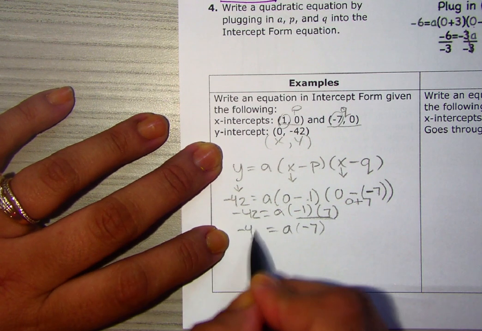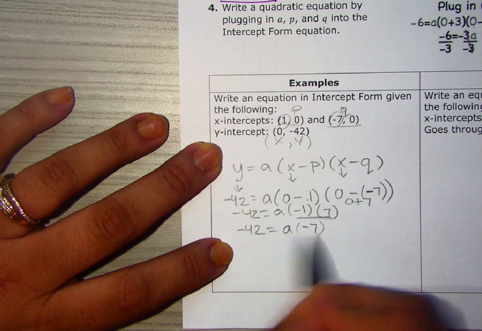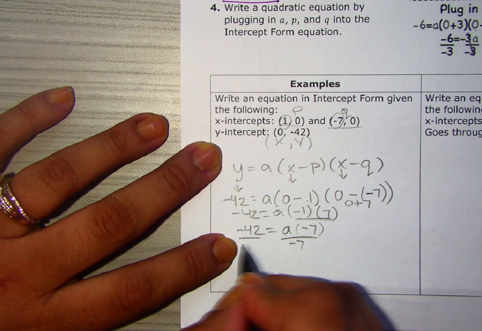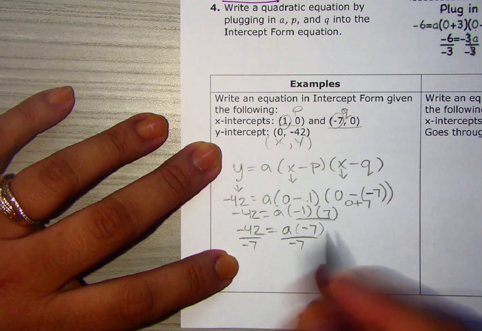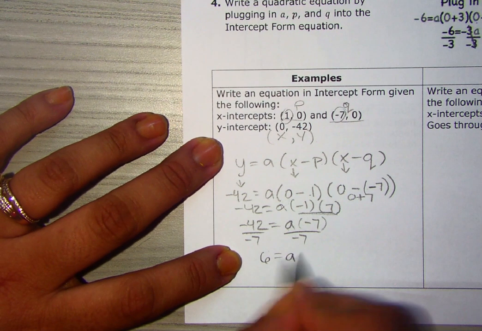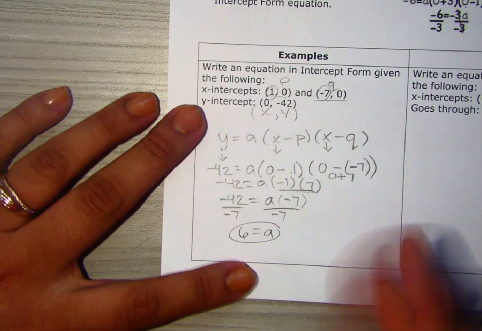And then at the end, we just have a times negative 7 equals negative 42, so we're going to divide by negative 7. And 42 divided by 7 is 6. So a is 6, positive 6.